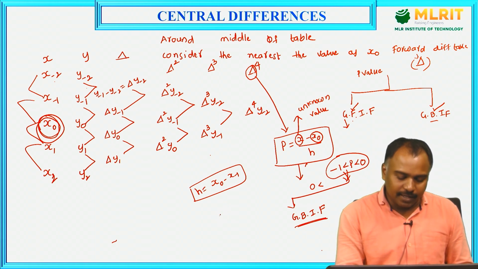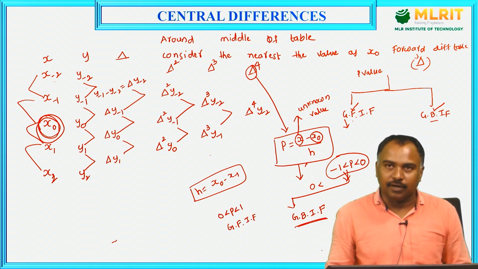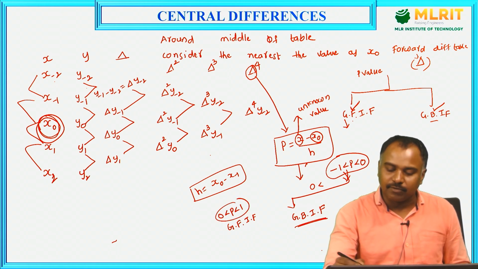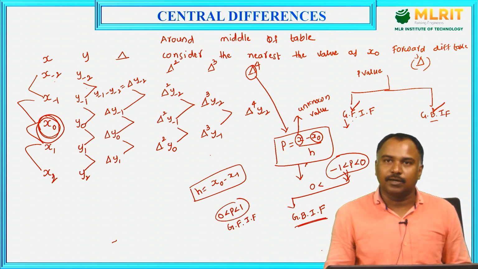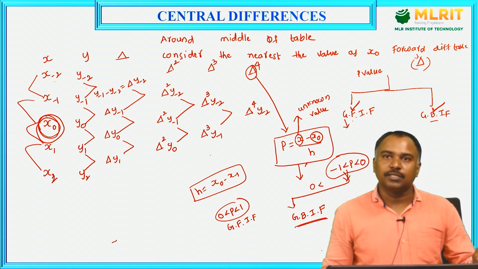If the p value is positive, then we go for the Gauss forward interpolation formula. So based on the p value, we use either forward or backward to evaluate the unknown value located around the middle of the table.